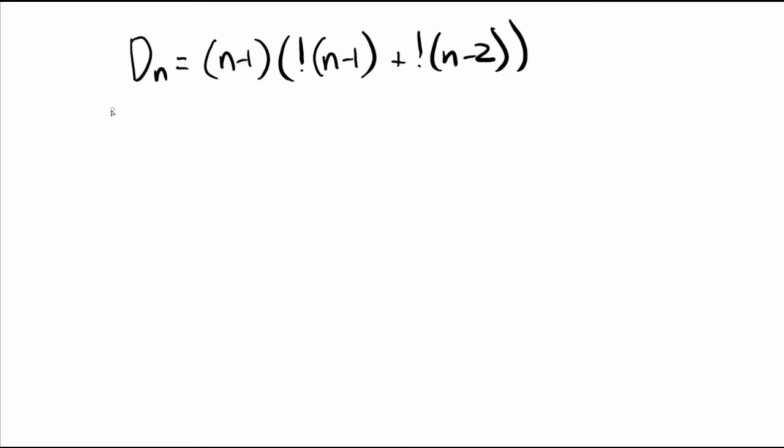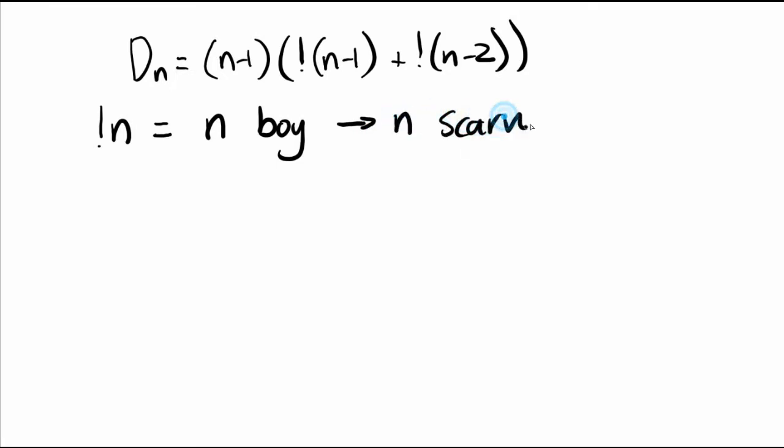As we discussed in the last video, and if you haven't watched it you should, the number of derangements of a number, this is the notation, is sort of like factorial but it's not. Say you had n boys and n scarves, and the boys put all their scarves into a pile, mixed them up, and each randomly took a scarf back.